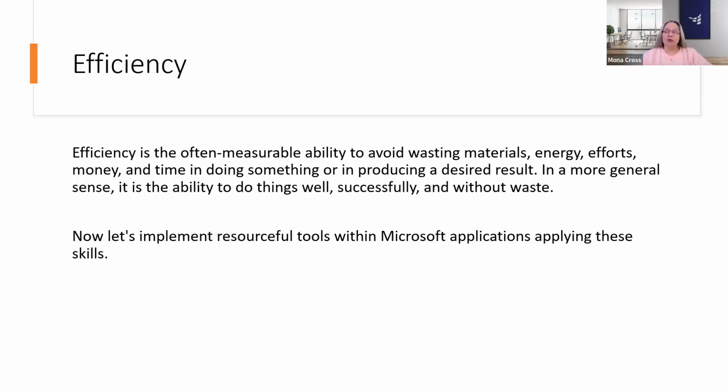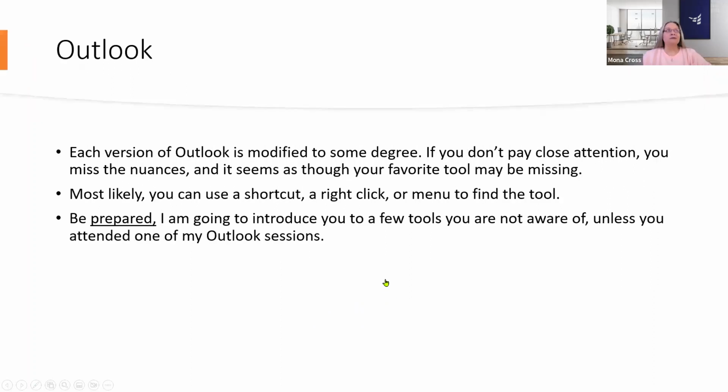Now, I'm going to show you some very important tools, which I find are some of my favorites. I'm also going to hope that they are your favorites as well. First, in Outlook, it is not really just email. Oftentimes, I hear people mention that Outlook is just email. Outlook's not just email.